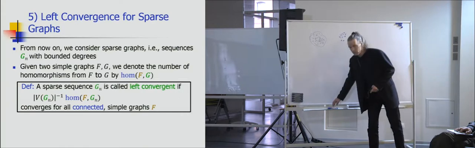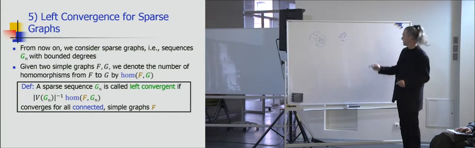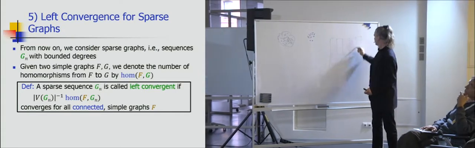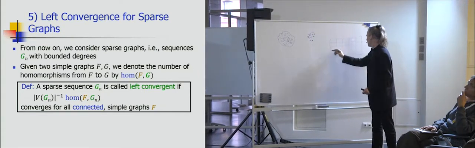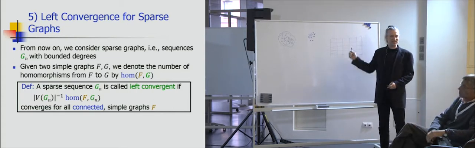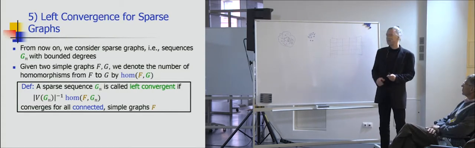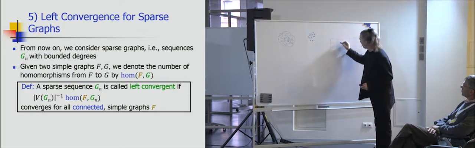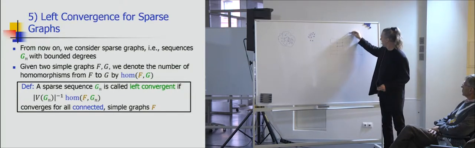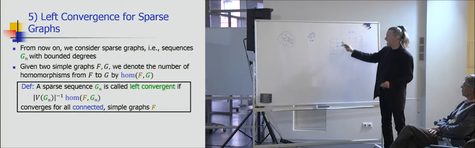So why do we do this normalization? Think, for example, of a piece of the square grid. Well, you may want to count the number of triangles, that's 0, so that's not hard to normalize. But let's say you want to count the number of 4 cycles, and you see that if you have an n by m grid, that's about n times m 4 cycles.